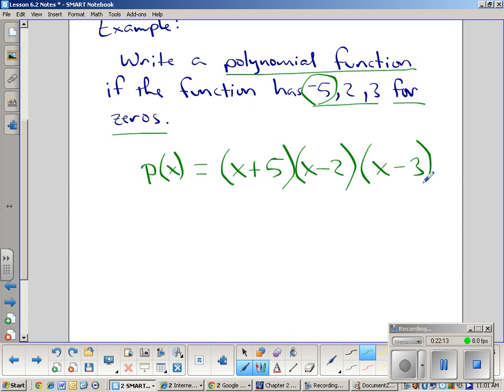Okay? So they told us to write a polynomial function. I have it. That's it. I don't have to do anything else. That's my polynomial function. Now, if they said write my polynomial function in standard form, then I'd have to go back to that first example. After I wrote it this way, I'd have to multiply everything out and put it in standard form.